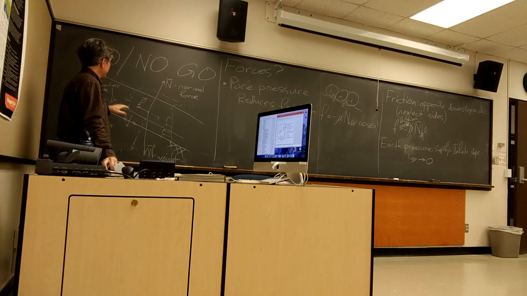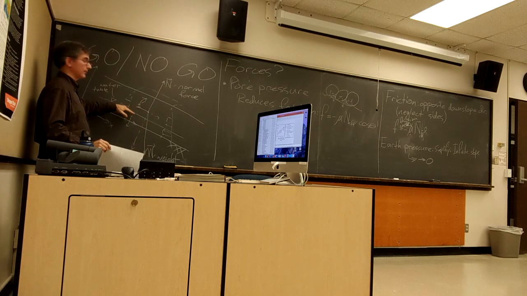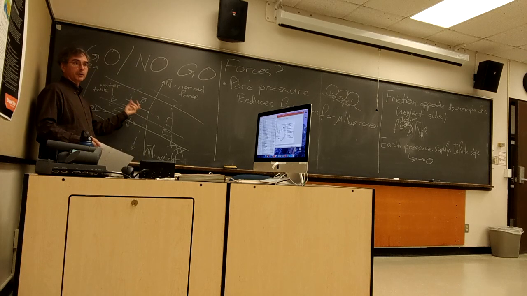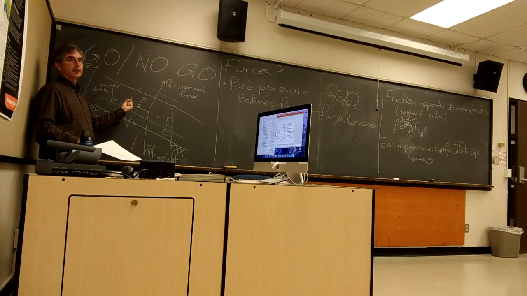So if this soil were wet, but I didn't have a water table, and the water were allowed to drain long enough, then I would have some surface tension in there tending to hold things together. Now, as it turns out, landsliding mostly occurs when things are drenched, and surface tension goes to zero because I've actually got either zero or positive pore pressure.